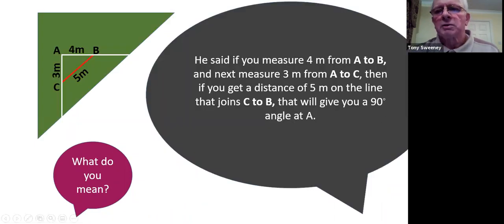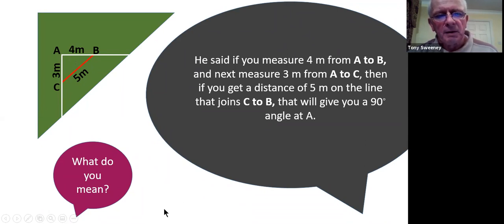If you measure 4 centimeters from A to B, and next you measure 3 centimeters from A to C here, then if you get a distance of 5 meters between C and B, that will give you a 90-degree angle there.